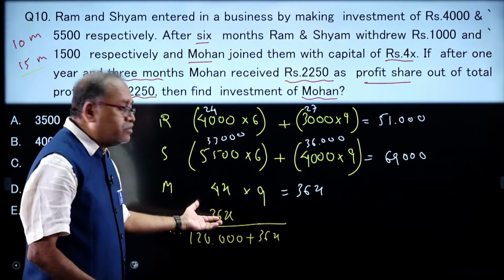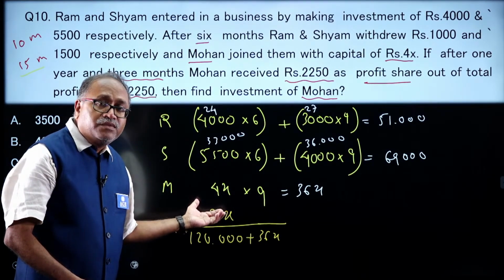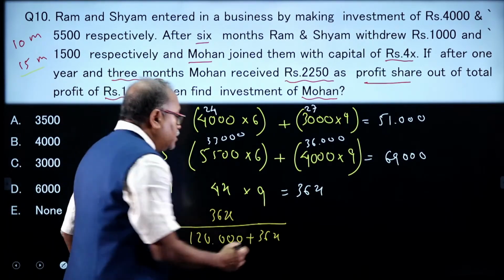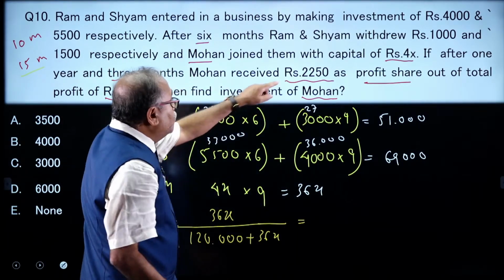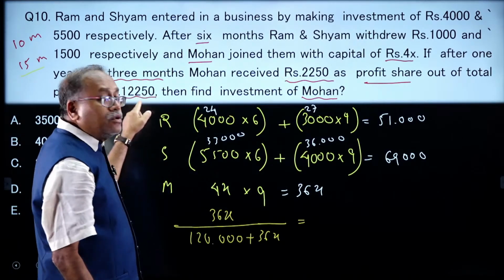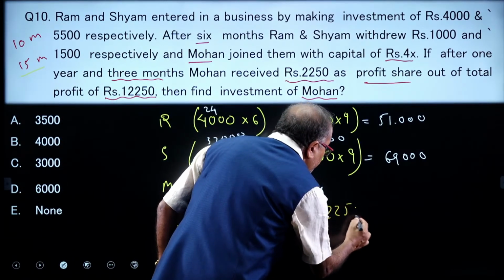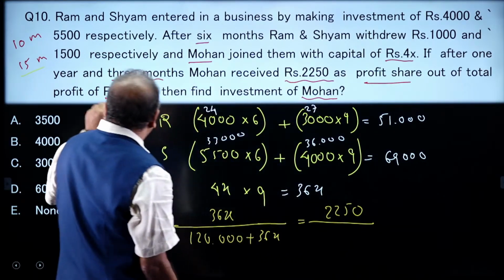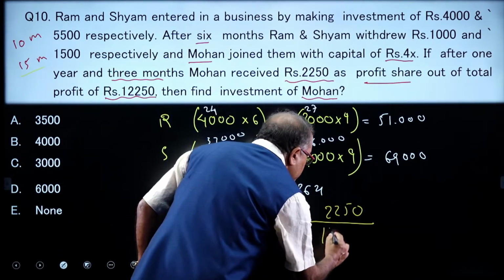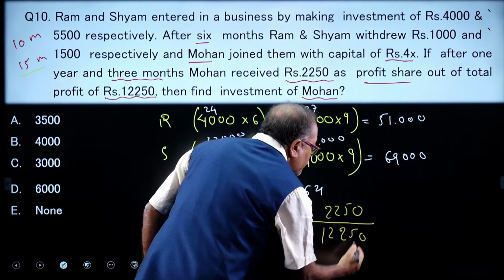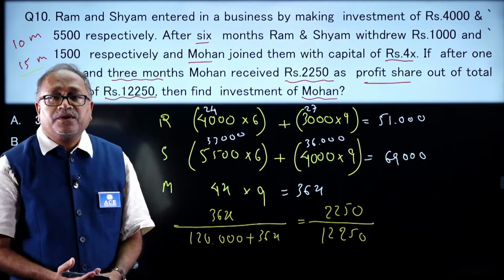So this is Mohan's capital by overall capital, which is equal to Mohan's profit by overall profit. That comes 2250 by how much is this? That's 12,250. The rest part is cancellation only.